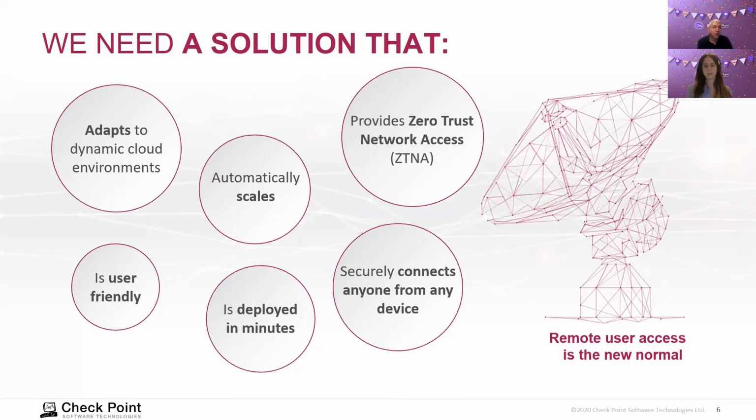And you want something that's going to help you connect essentially from anywhere, anyone, to the applications they need access to. And finally, you want a remote access solution that will provide you zero trust network access, also known as ZTNA. Now, that's a bit of a buzzword that's caught on in the past 2 years, but it's important, it's fundamental.